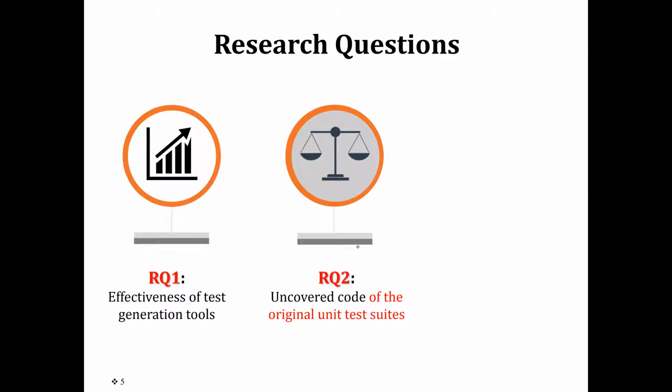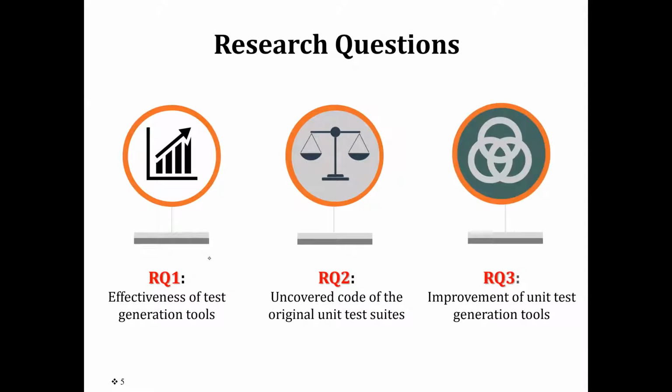That is, we want to understand which part has not been covered, has not been tested with the original test suite in the machine learning library. And in the last research question, we try to understand the improvement of the unit tests generated by the tools compared to the original test suite.